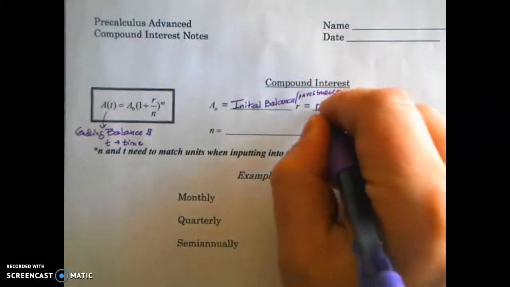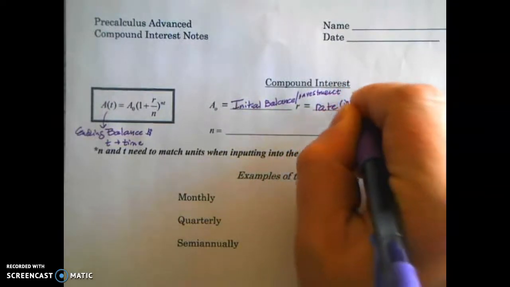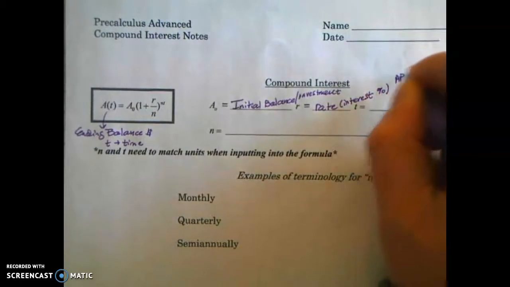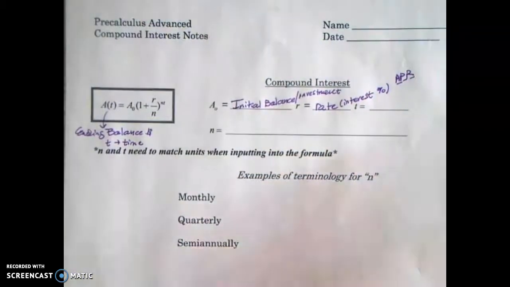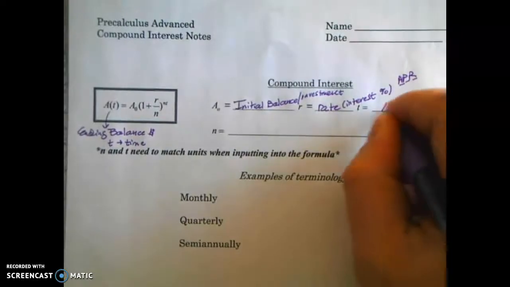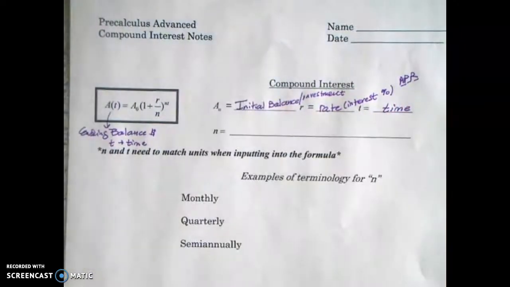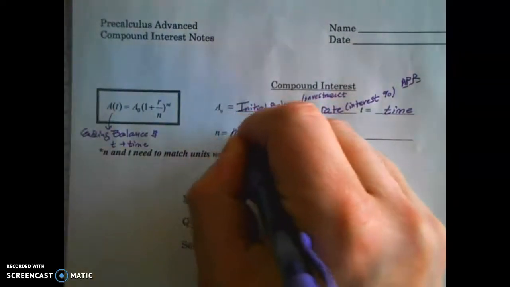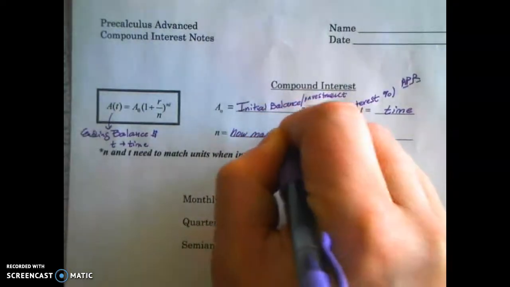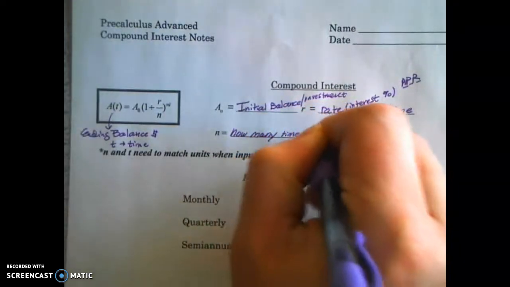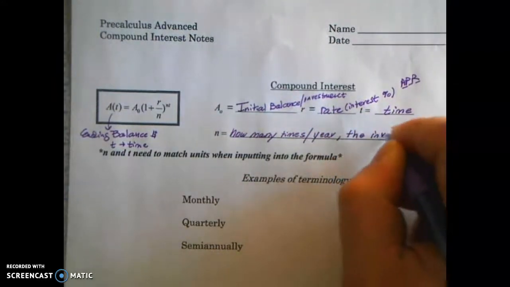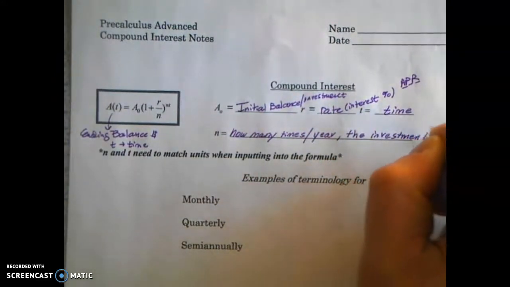R is going to be our rate. That would traditionally be an interest rate, a percentage, also known as an APR, an annual percentage rate. T is going to be time. And we're going to talk about this compounded word. The N in the formula will be how many times per year the investment compounds.